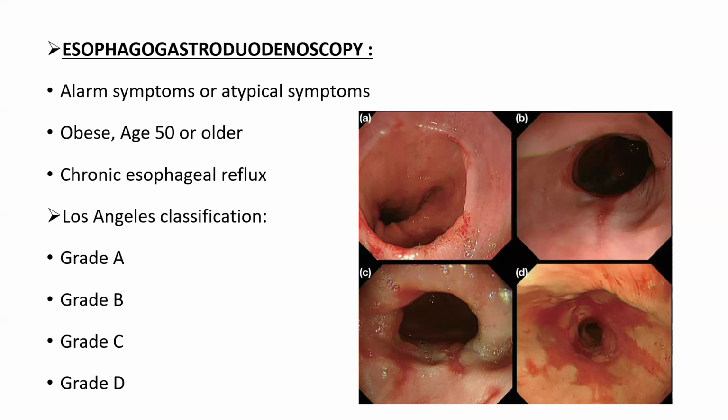And grade C, there are continuous mucosal breaks between the tops of greater than or equal to 2 mucosal folds, involving less than 75% of the esophageal circumference. And grade D, mucosal breaks involving greater than 75% of the esophageal circumference.